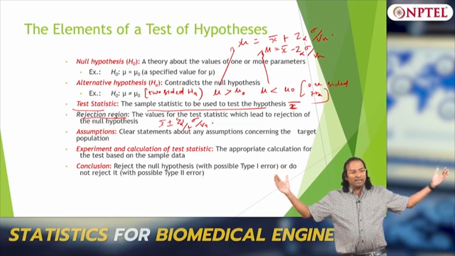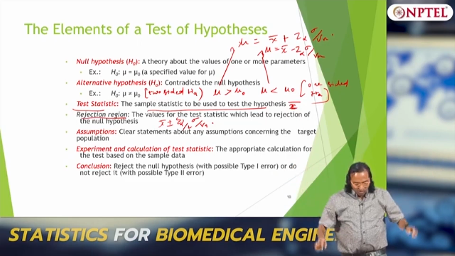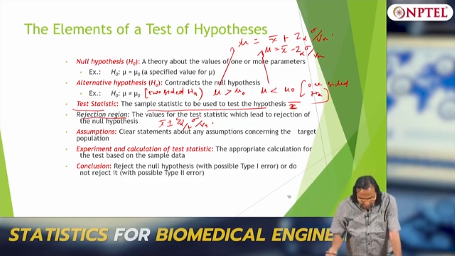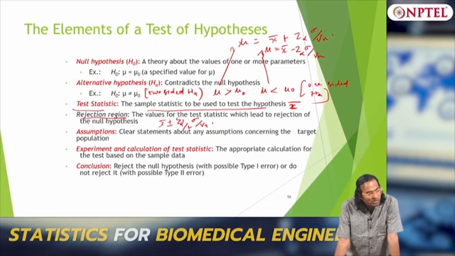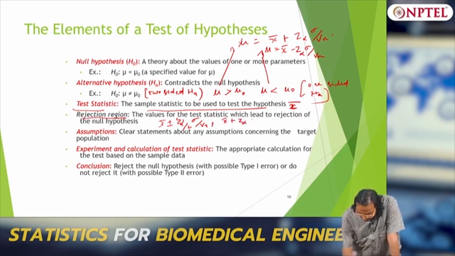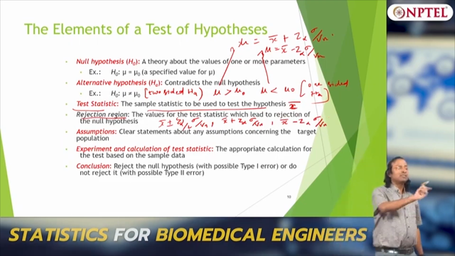For one sided, two sided, it will be both the ends. So the rejection point or the starting is x bar plus or minus z alpha by 2 into sigma by root n, comma x bar plus z alpha into sigma by root n and x bar minus z alpha into sigma over root n, depending upon the hypothesis.